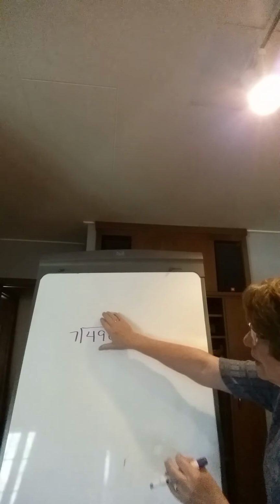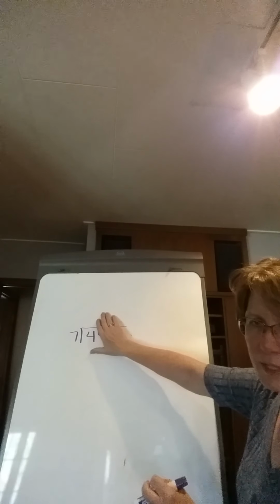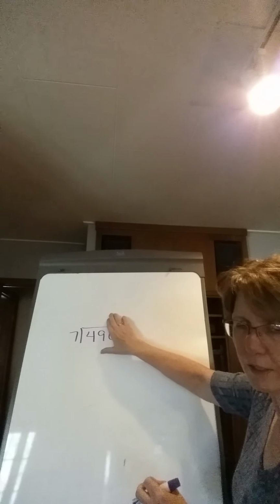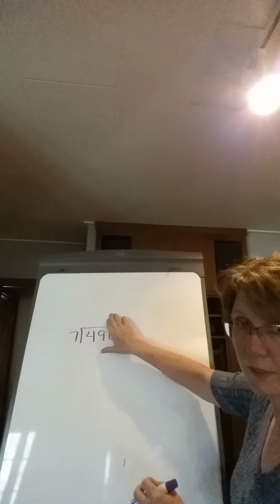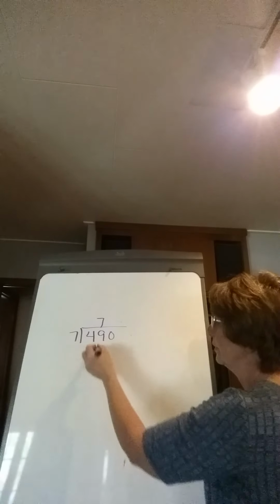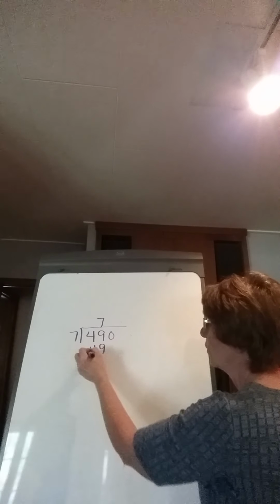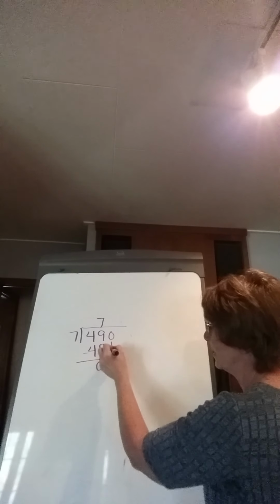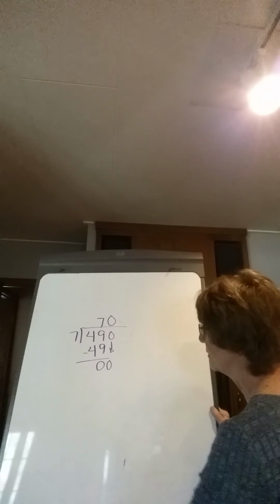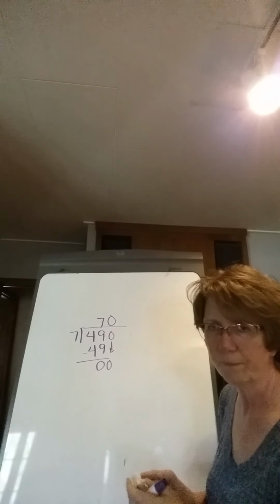Now, the question you ask yourself: can 7 go into 4? Well, 4 is smaller than 7, so you actually need to use the 49. And it goes into it evenly, doesn't it? 7 times 7 is 49. You got a 0, so the same thing happens. 7 goes into 0 zero times. And that's your answer.